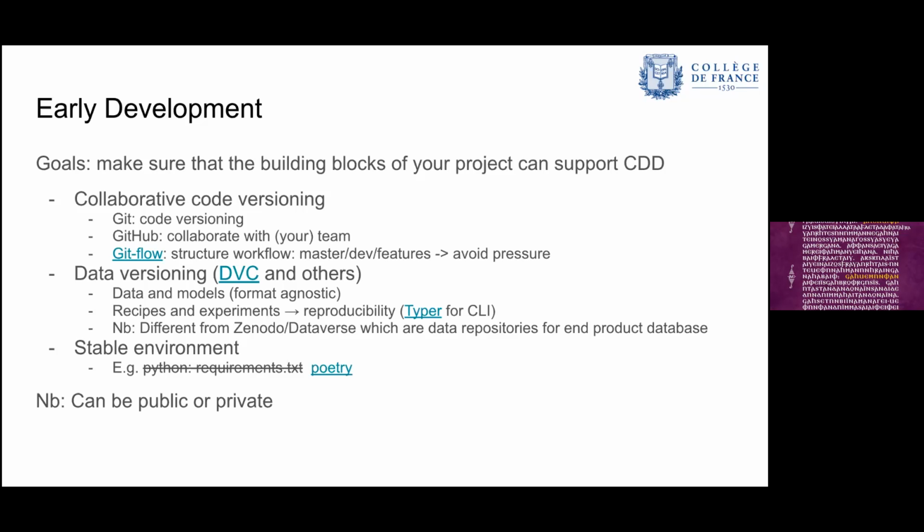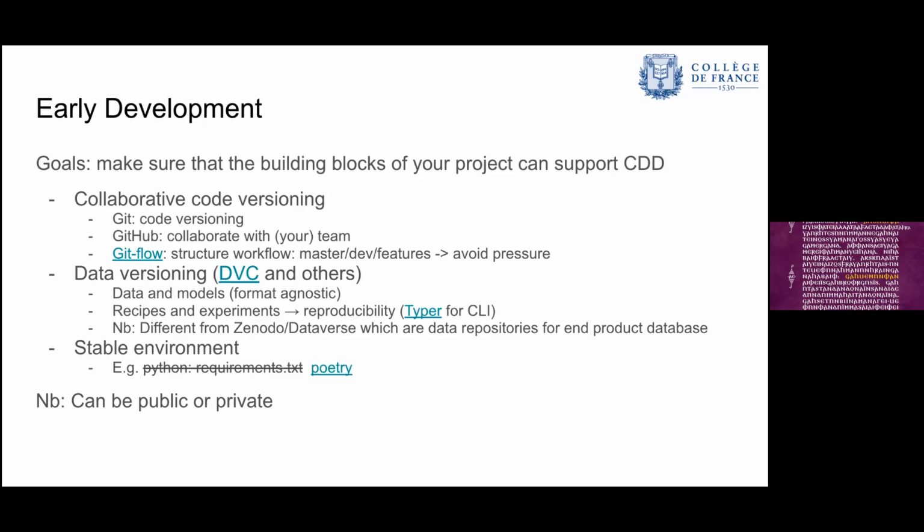The master branch is what people see. This is something clean, which you pushed, for example, 1 month ago, and then you want to improve some feature of the data or of the project. Then you can do it on the development branch with some specific features, and people won't look at it. So they won't put pressure on you, saying this feature should go faster, or this feature should go in this direction.